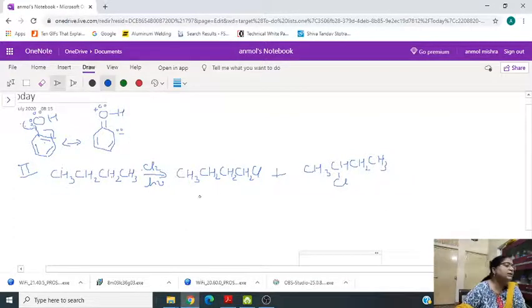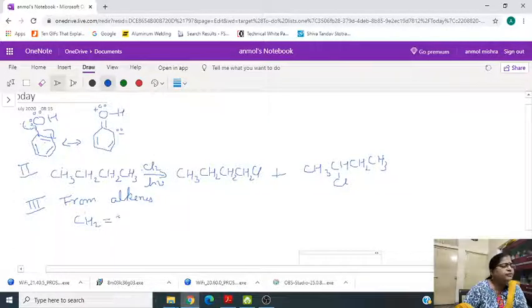Now the third method is from alkenes. In symmetrical alkenes there is no problem, but in unsymmetrical alkenes we will take care of Markovnikov's rule.